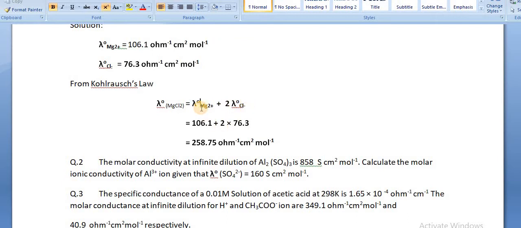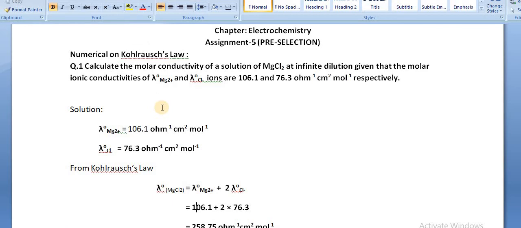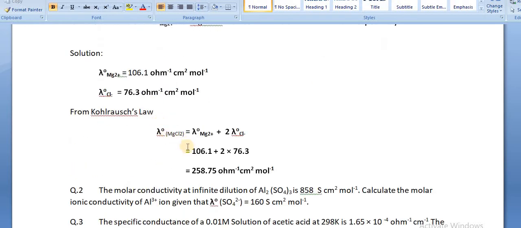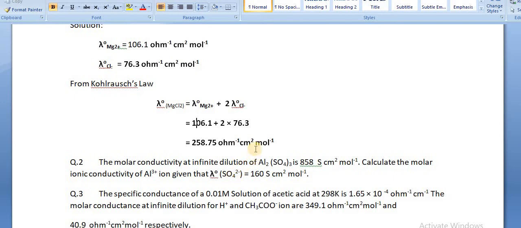Now the values for these are given, so we'll just put in the values and calculate. Here we are asked to find the molar conductance. So when you multiply and add, you'll get 258.7 per ohm centimeter square per mole. This is how we can apply Kohlrausch law over here.